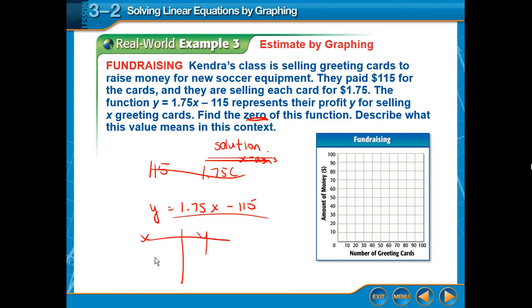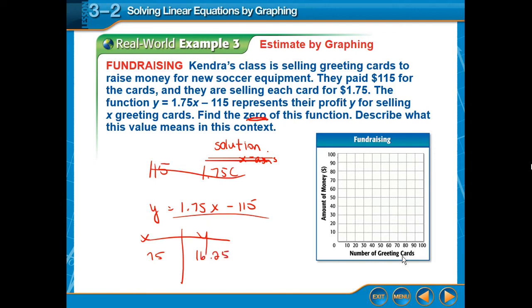So if I put in 75 for x, 75 times 1.75 minus 115, I get 16.25.